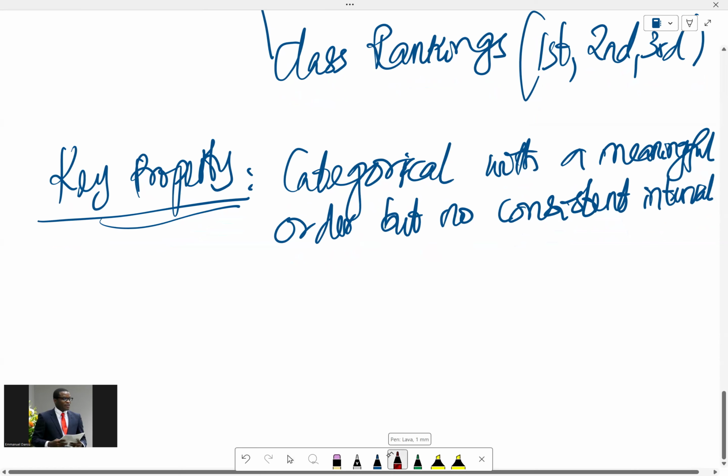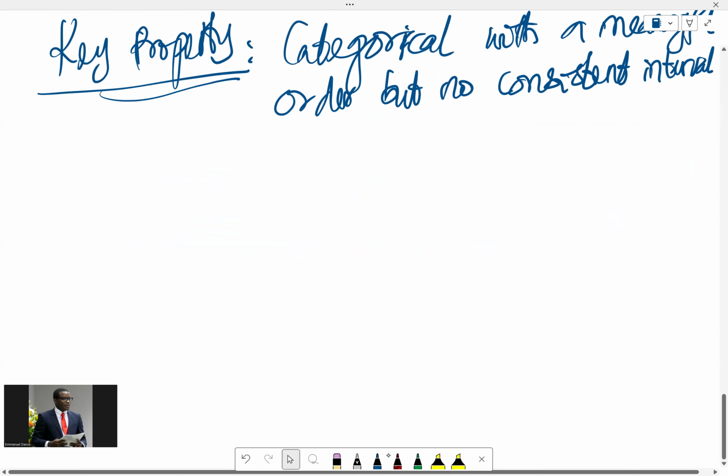Okay, let's go and talk about the third type of scale, which is called the interval scale.